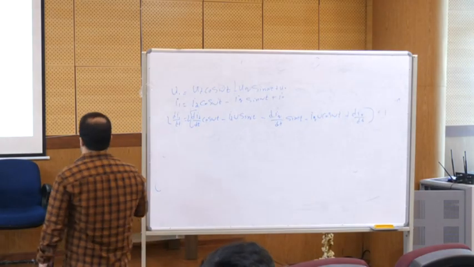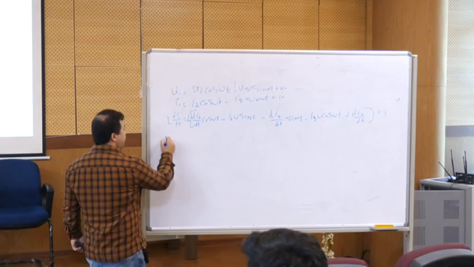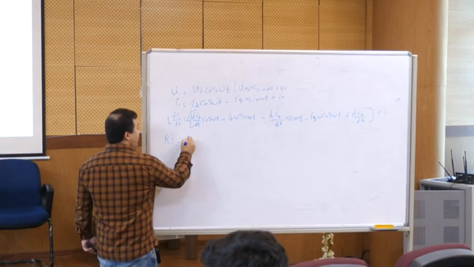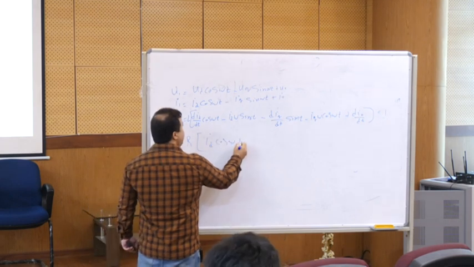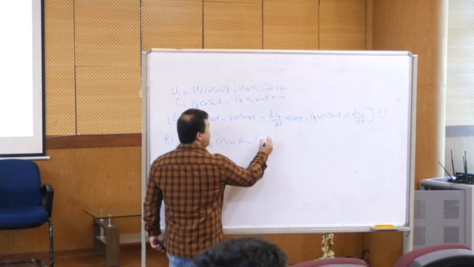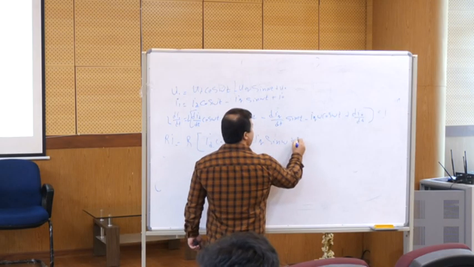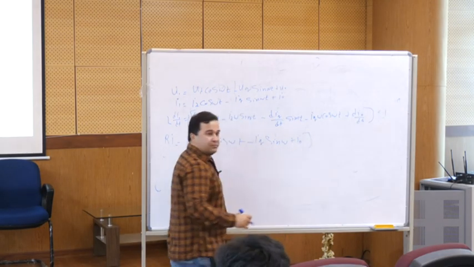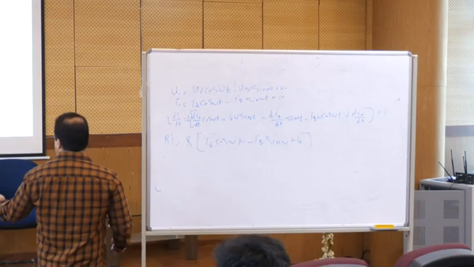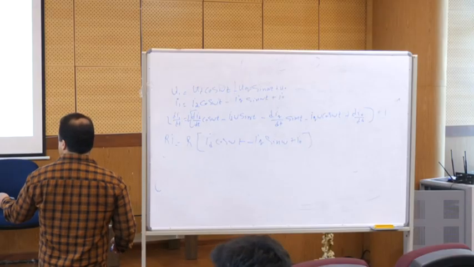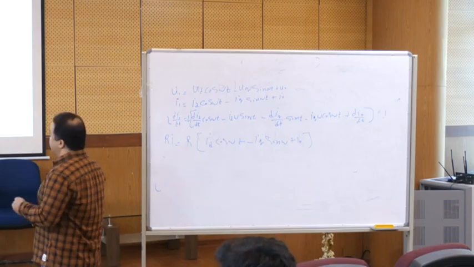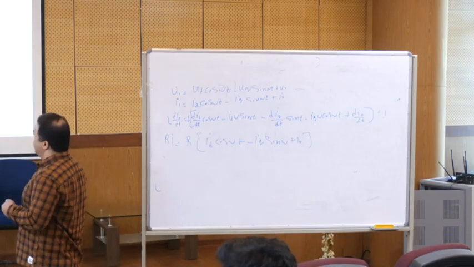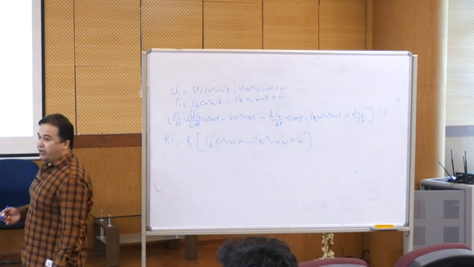So the second part, Ri: R times id cosine omega t minus iq sine omega t plus I0. Yeah? This is this part. So now we cover this part and this part. And now we are at dn1 Vdc.